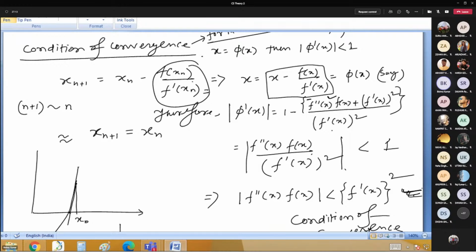If the graph near the root is vertical, you will get the result quickly, it converges quickly. If near the root it looks horizontal, it will converge so slowly, or the process will be laborious. And if it is exactly horizontal, then this method is not applicable near the root.